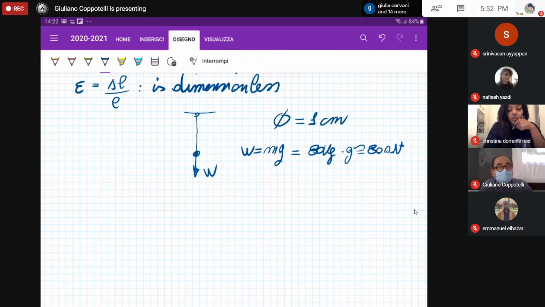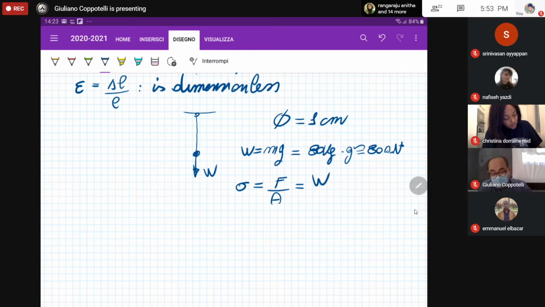It is a 1D stress because of the structure. So the corresponding stress is given by the ratio between the actual force and the actual cross section. The actual force is my weight, and the actual section is π φ² / 4.